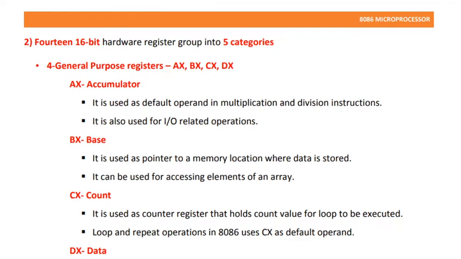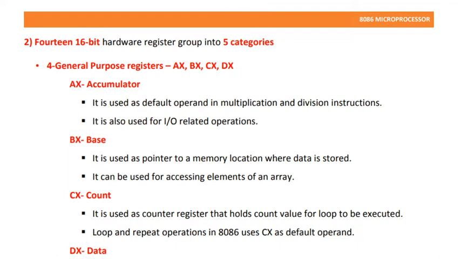As discussed before, Intel 8086 microprocessor has 14 16-bit hardware registers. These 14 16-bit hardware registers are categorized into 5 notable categories. These categories are namely 4 general purpose registers, 4 segment registers, 4 pointer and index registers, 1 instruction pointer, and 1 flag register.